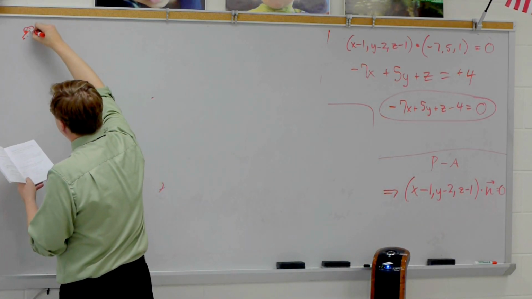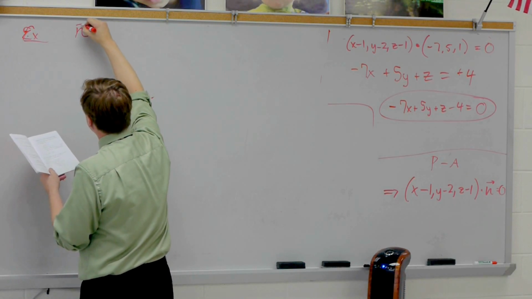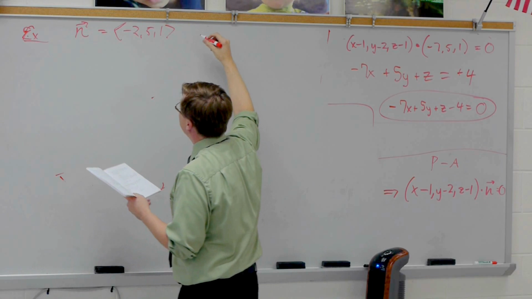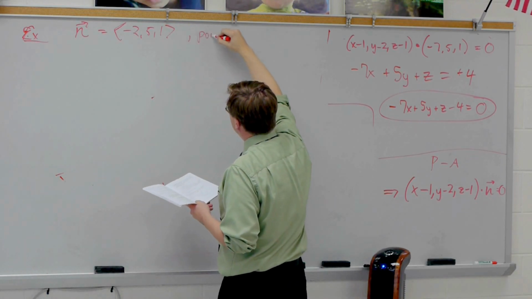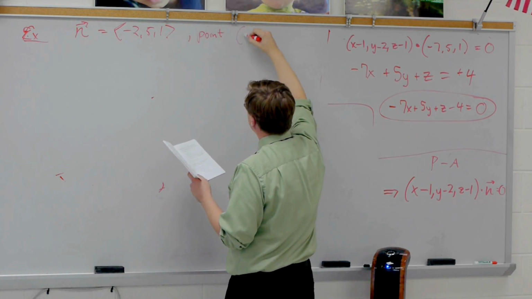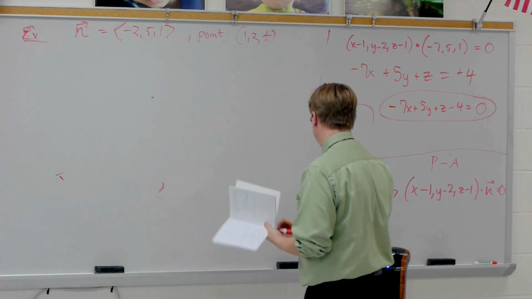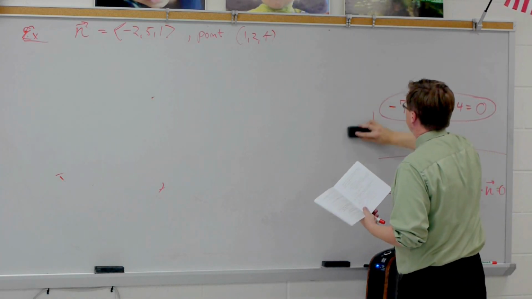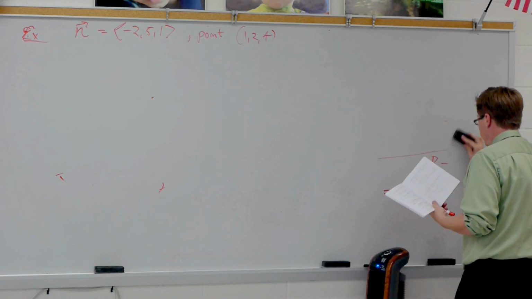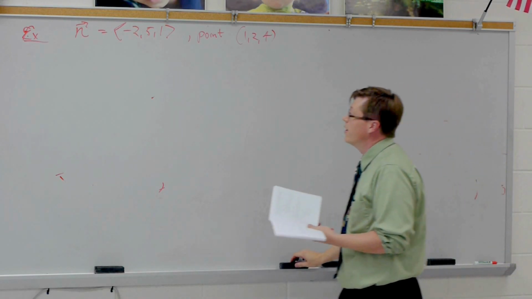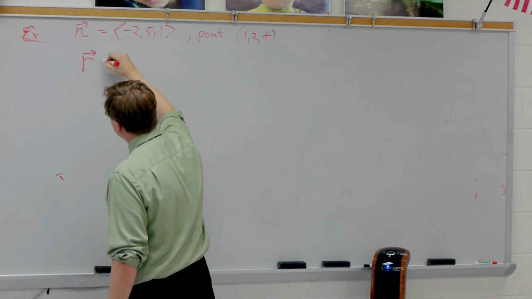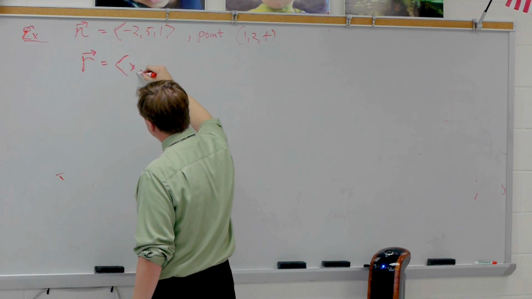Let's say the normal vector is negative 2, 5, 1, and it goes through the point 1, 2, 4. Well, R is going to be x, y, z.